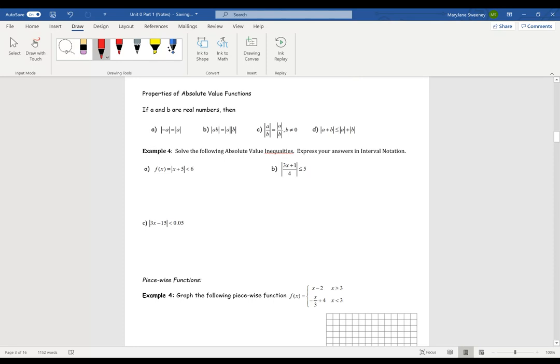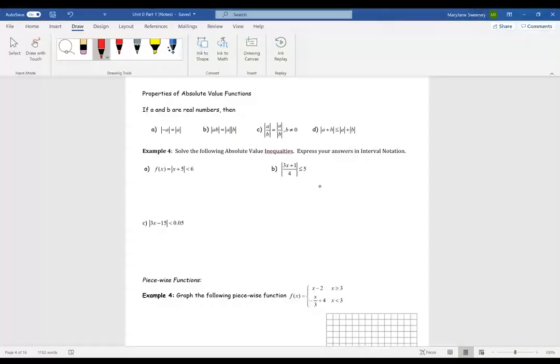Some properties of absolute values. The absolute value of negative a is the same as the absolute value of a, right? Absolute value means the distance a number is from 0. So whether it's negative or positive, it's the same number of places from 0.